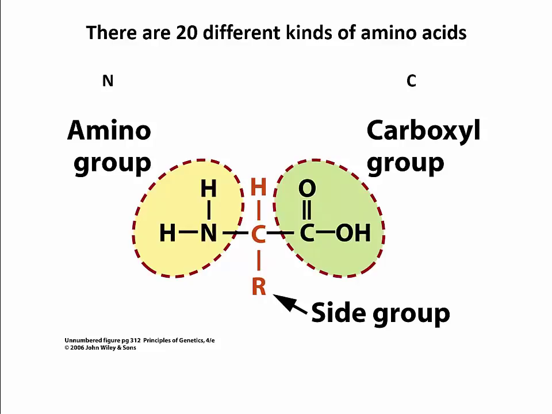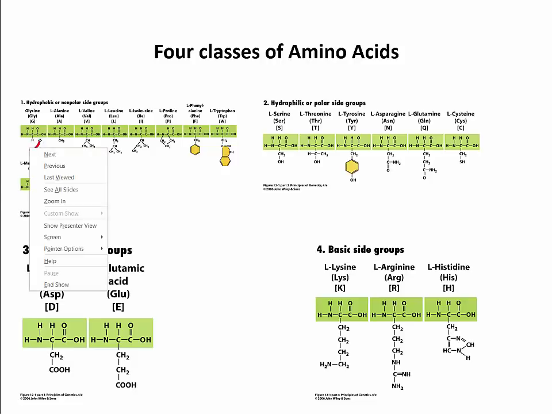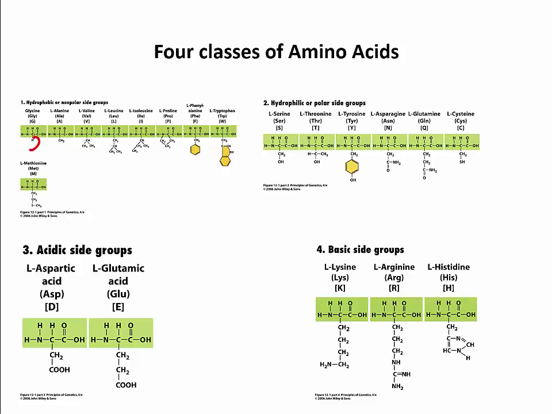All right, so a similar cartoon to what we just saw before. There are 20 different kinds or varieties of amino acids. They all have a side group, and here they are all on one single slide. Now, you can see the R groups are all down here on the different parts of the amino acids. It is not my intention that you memorize or know all of the different chemical R groups for this particular class.